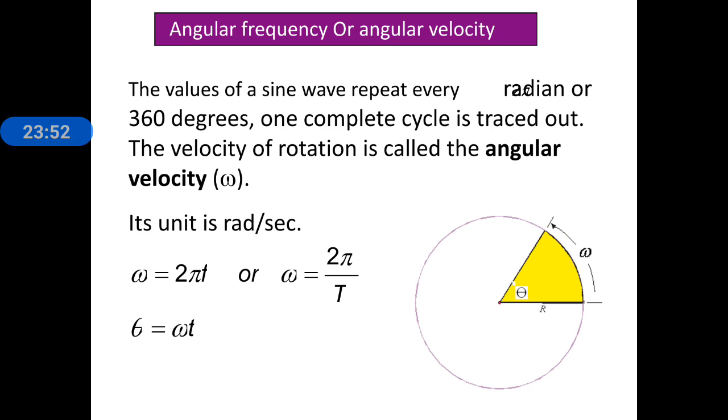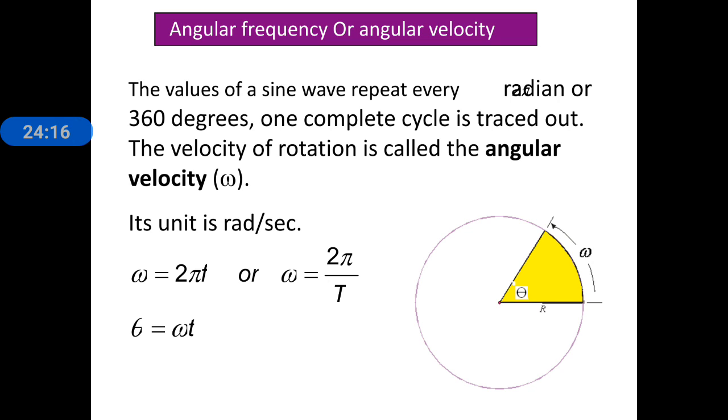So angular velocity omega equals 2 pi f, 2 into pi into frequency, or since frequency equals 1 by time period, omega equals 2 pi by capital T. The last line: theta equals omega t.